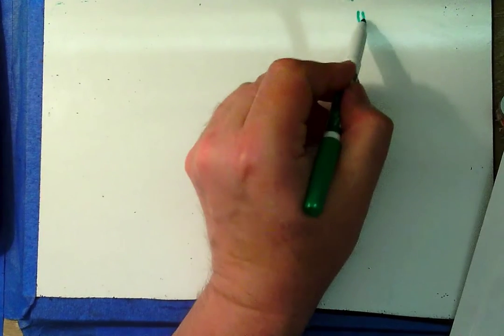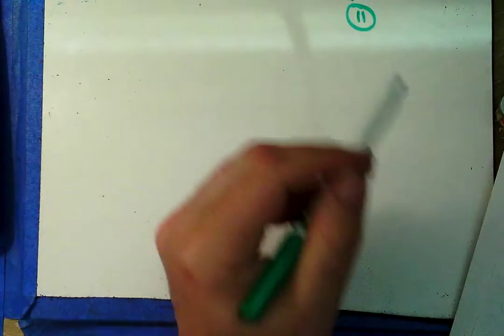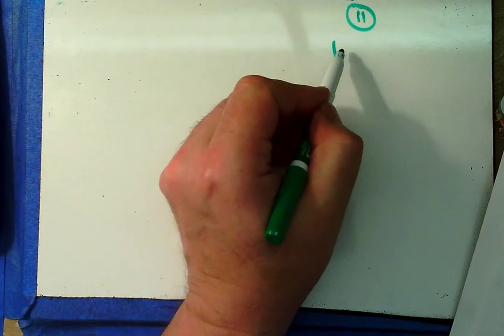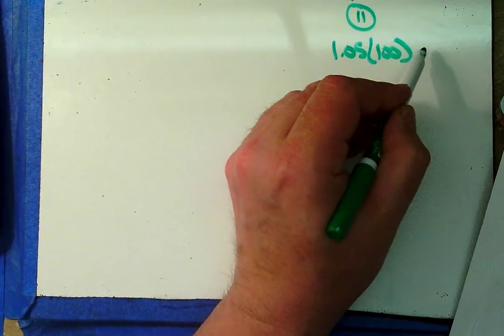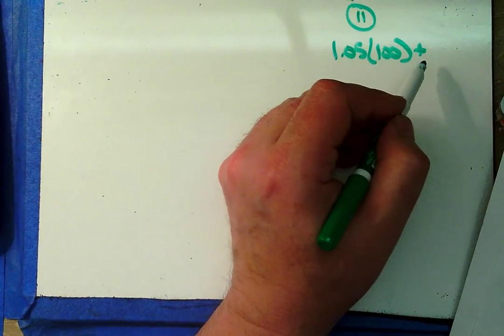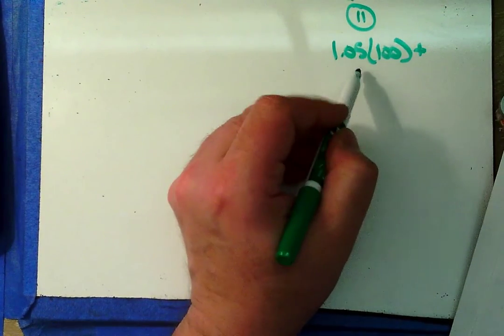11. 11 says a certain watch costs 100, a pearl necklace 300. The cost of the watch is increased by 5%, and the cost of the pearl decreases by 10%.